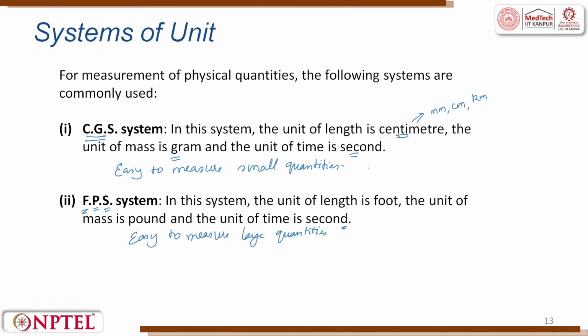Of course, seconds are always small, but pound and foot compared to centimeter in the CGS system are easier. So, FPS is used in the US, and the CGS system is slowly getting obsolete, but still in the old books, wherever you go through good fundamental books, they have used the CGS system for solving problems and discussion and other things.